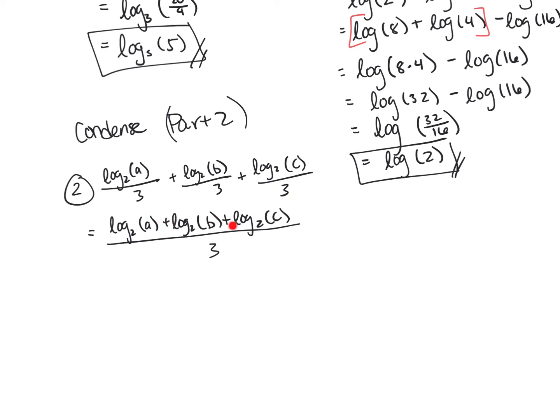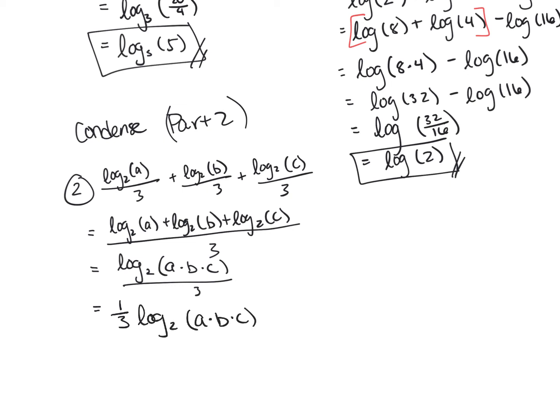And since both of these are adding, it means we're just multiplying everything. So this will become log base 2 of a times b times c divided by 3. Now I do want to keep going because this dividing by 3 is actually a coefficient, because we can rewrite this as 1/3 times log base 2 of a times b times c.